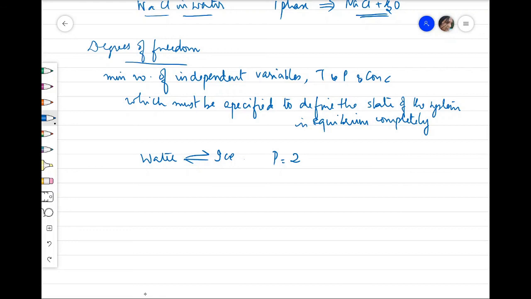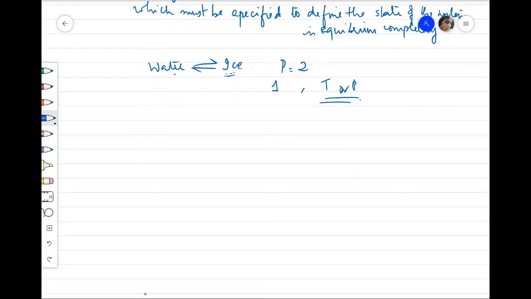If I want this water and ice to coexist, that is, a system where ice and water stand together like this, I have to define it, and the degree of freedom I can get is only one. That is, we must specify either the temperature or the pressure. We'll be discussing that when we take the one component system.